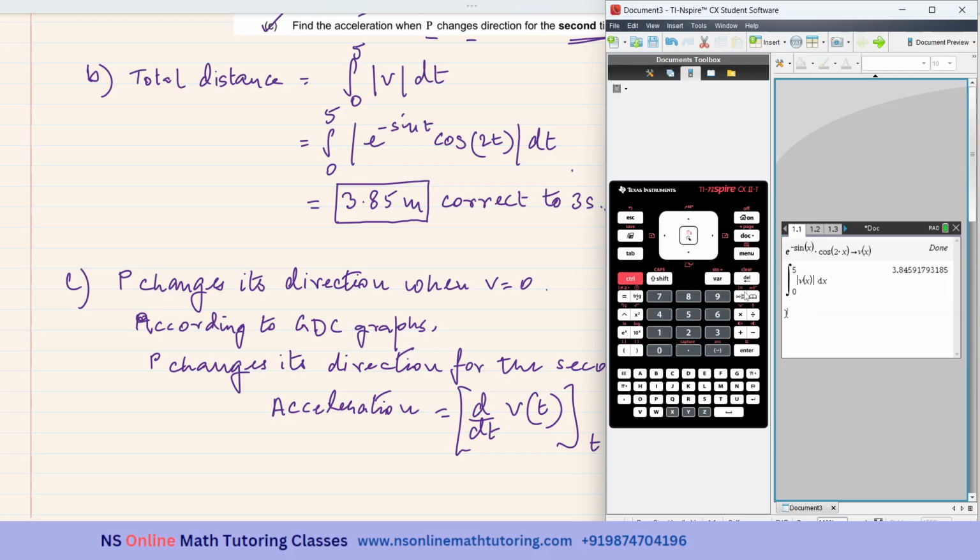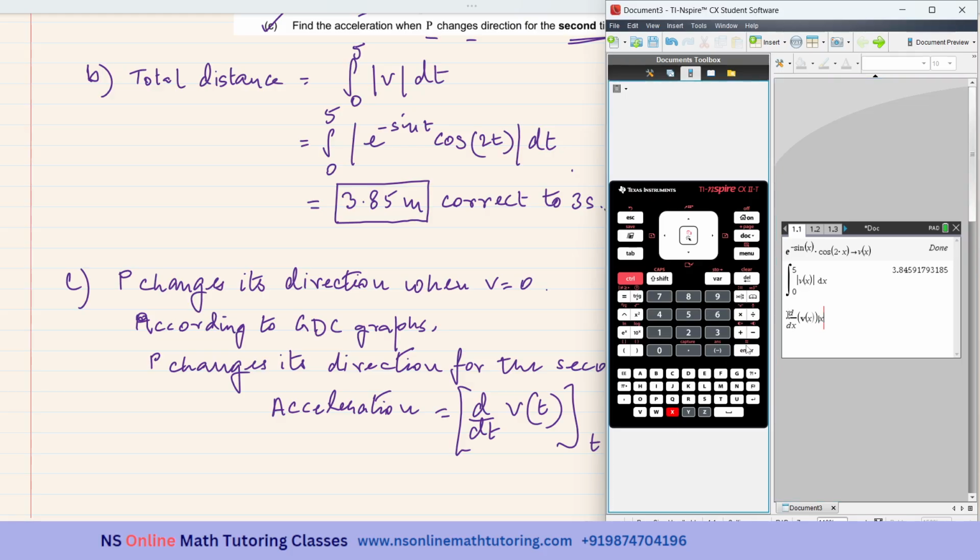Okay, if you want to be extra sure, then you can use the algebraic method, this calculator page. So it will be the first derivative, with respect to x I'm taking, and it is v of x. Yes, and I have to give the x value. So it is control, and this vertical line known as the pipe, and I have to give the value of x, which is t.